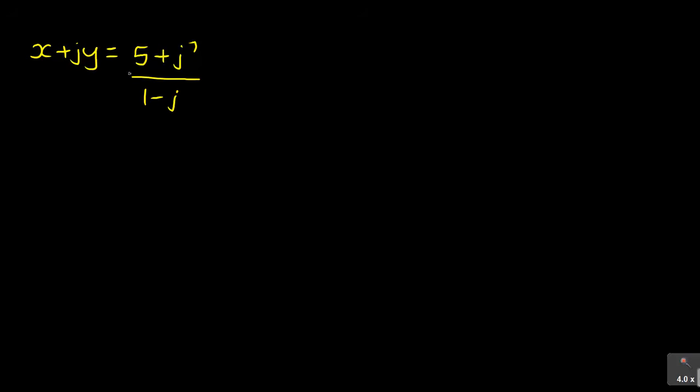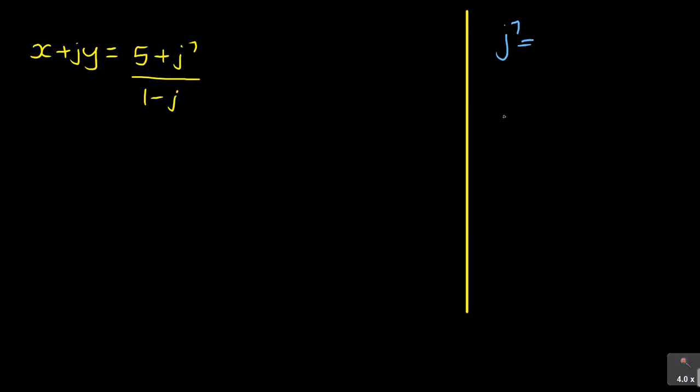So what is the first approach that I usually use? Before I do anything, let me show you a little bit of working. If I'm given j7 here, you must know how to simplify it.